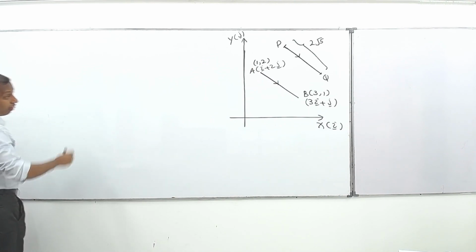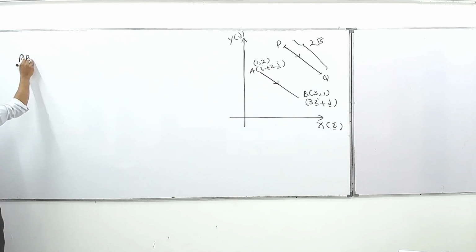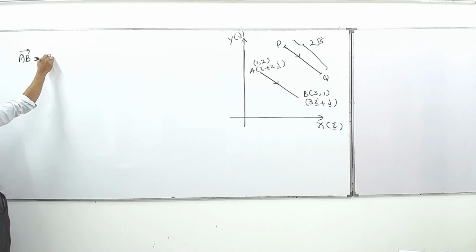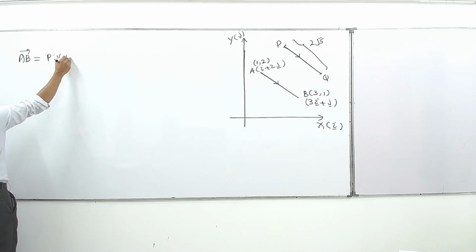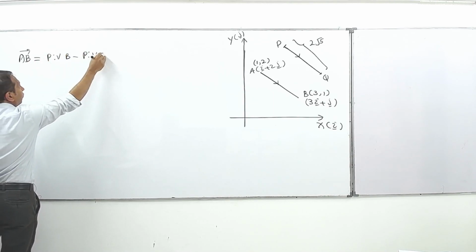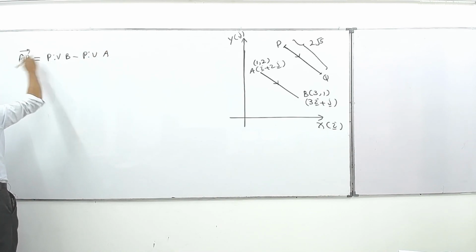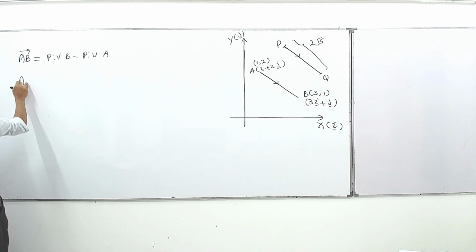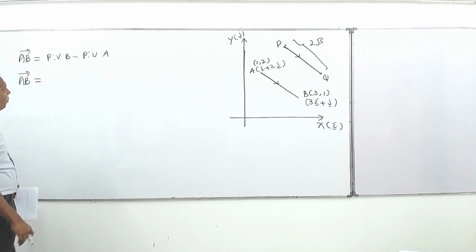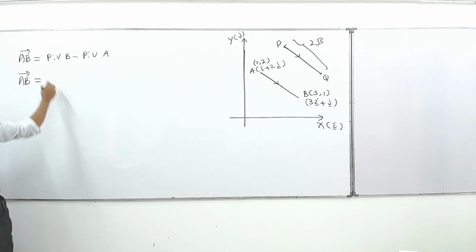We'll first find AB vector. AB vector you can write, people, position vector of B minus position vector of A. Second letter position vector minus first letter position vector. Position vector of B, 3i plus j.